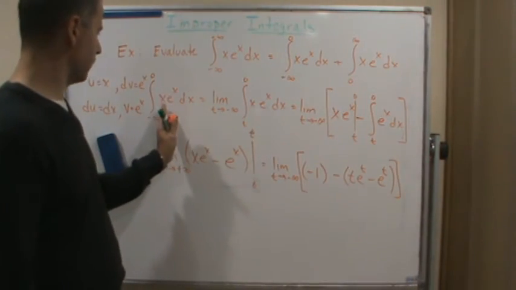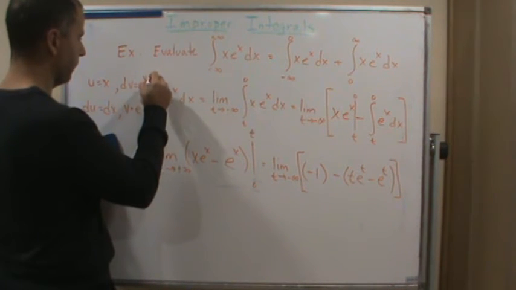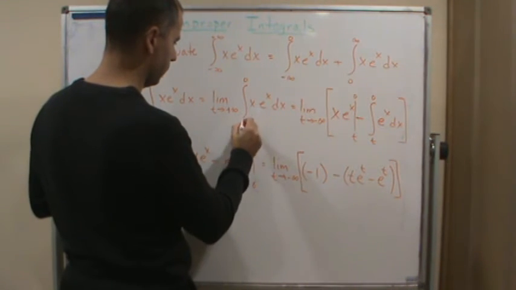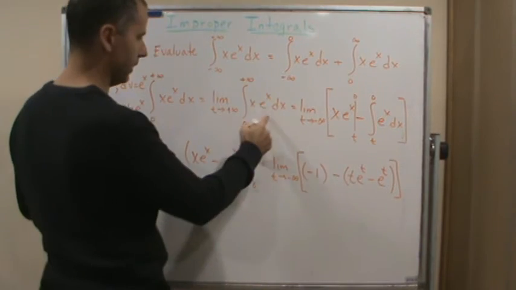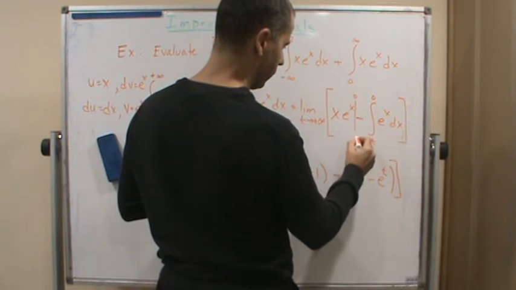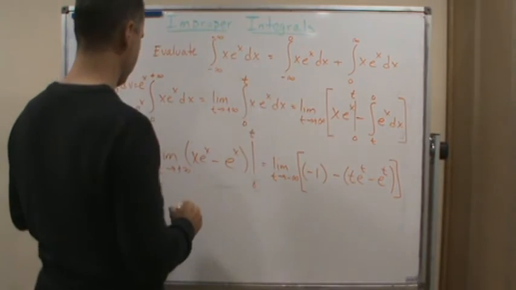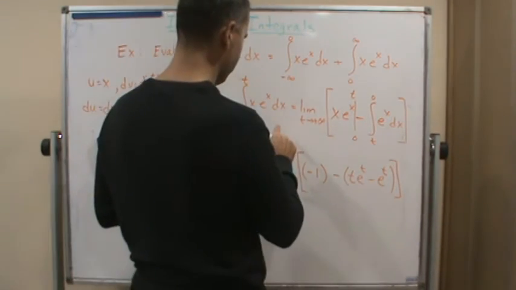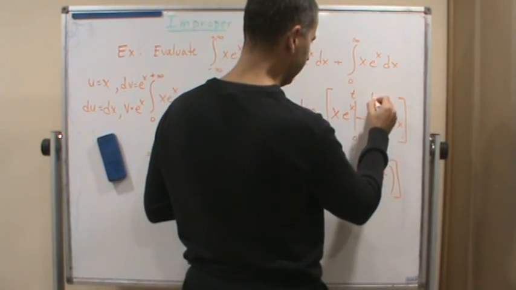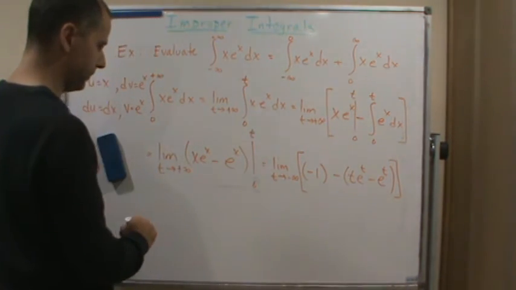The limit is as t goes to positive infinity, and the integral goes from 0 to t.